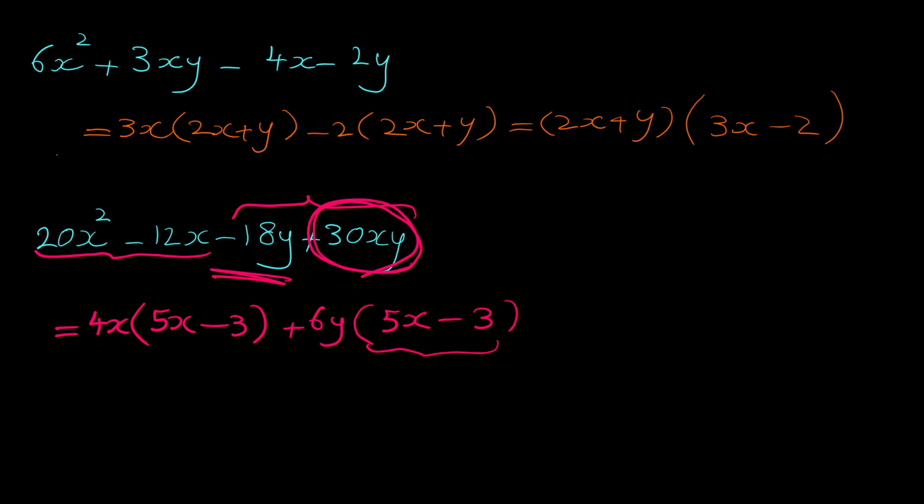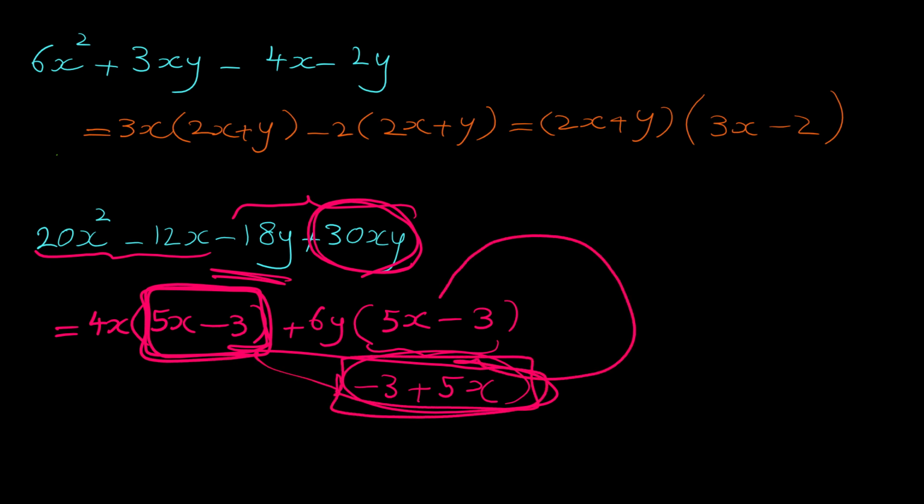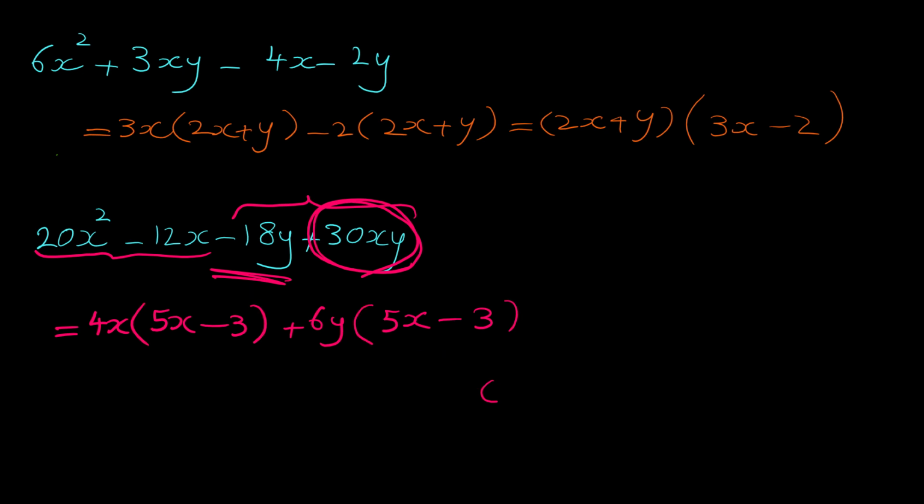Basically, we have to write this in the form of negative 3 plus 5x. But because we want to have the same exact expression, I prefer to write it this way. These two are the same. Of course, they are the same. Negative 3 plus 5x or 5x minus 3. They are the same, but we prefer to write it this way.